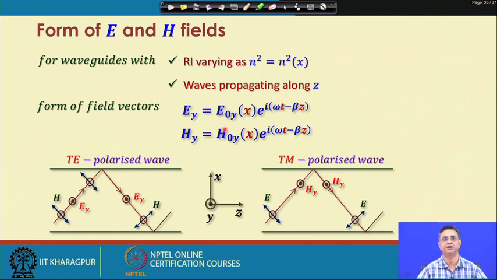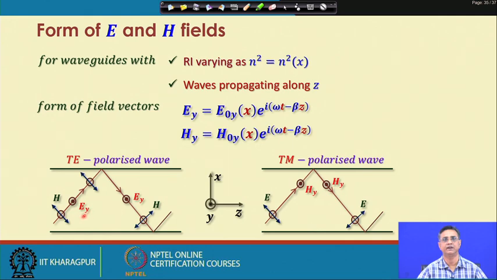There will be a variation of the amplitude of the magnetic field along the x direction, and also for the electric field. So, look at this TE polarized wave for this one-dimensional structure. You have an electric field which is directed along y, in this structure.